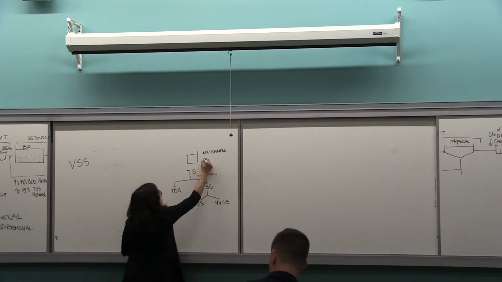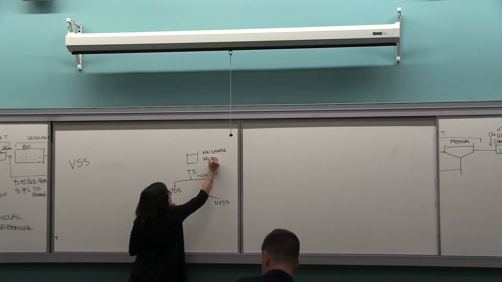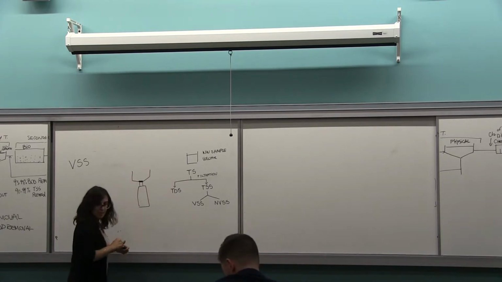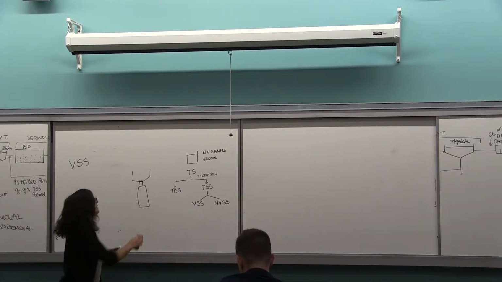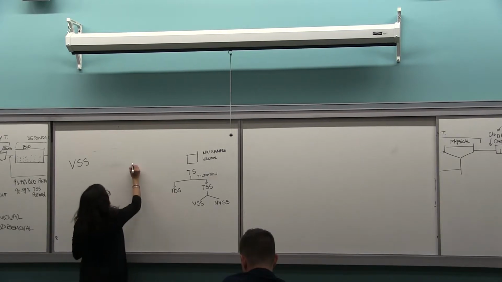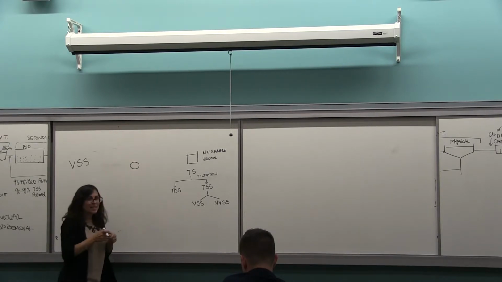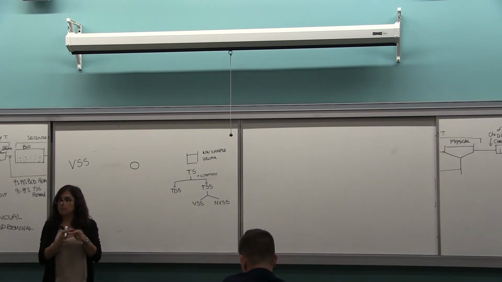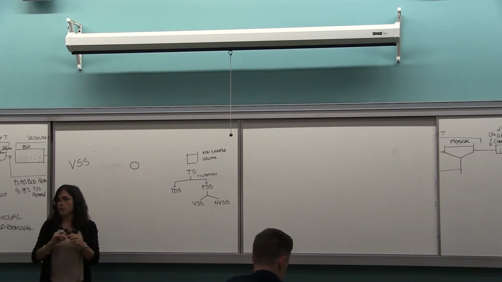So I have a certain volume, and that volume goes through a filter apparatus. It doesn't matter how it is drawn, but it's a filter setup. So it goes through a filter, right? This is my small filter that I'm going to pour the water in.